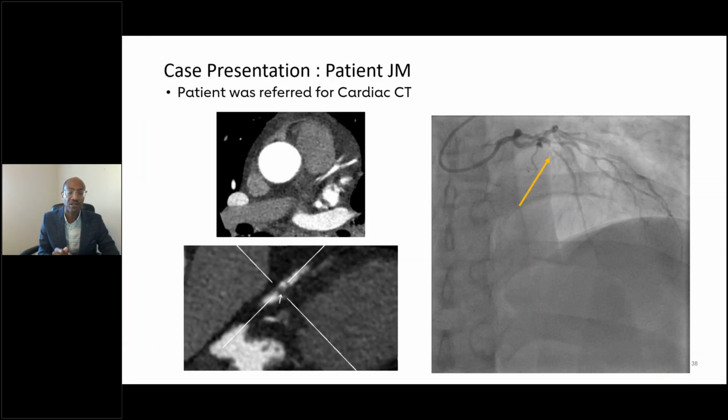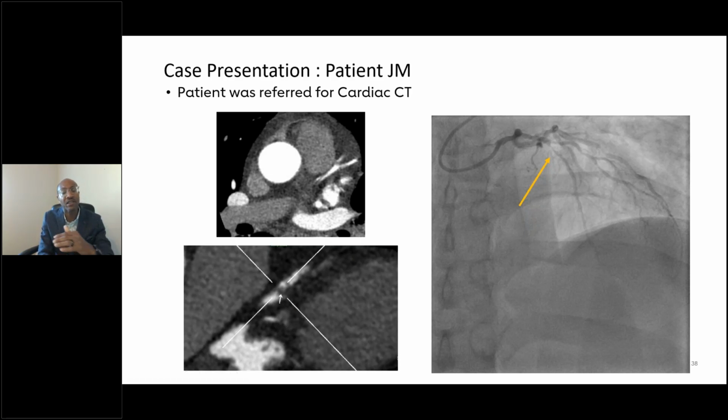So our patient was referred for a cardiac CT. In this cardiac CT, you can appreciate there is a paucity of dye, particularly at the mid-LAD after this diagonal branch. And you can appreciate on further zoom that there is evidence of soft plaques and some outward remodeling, concerning for higher risk disease findings.